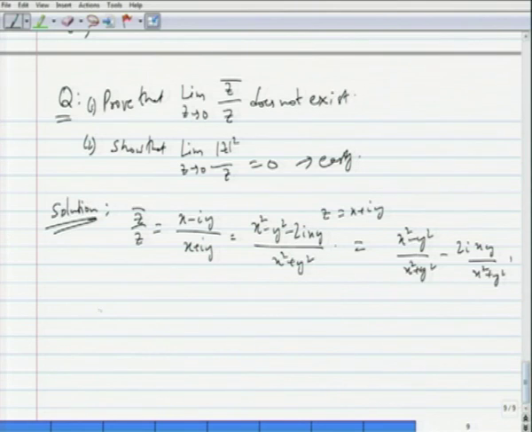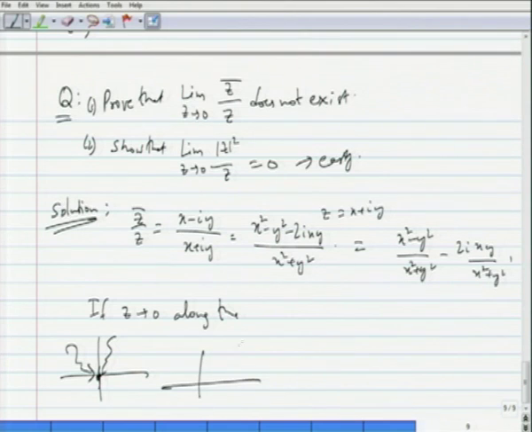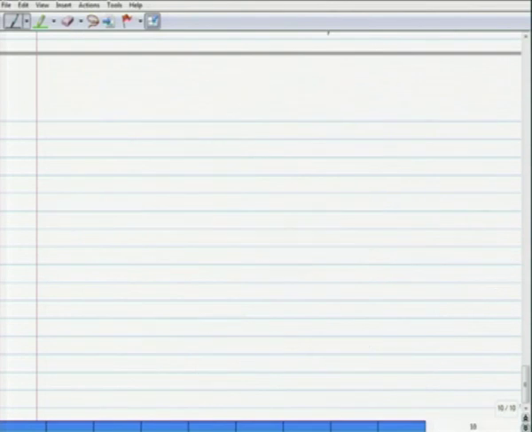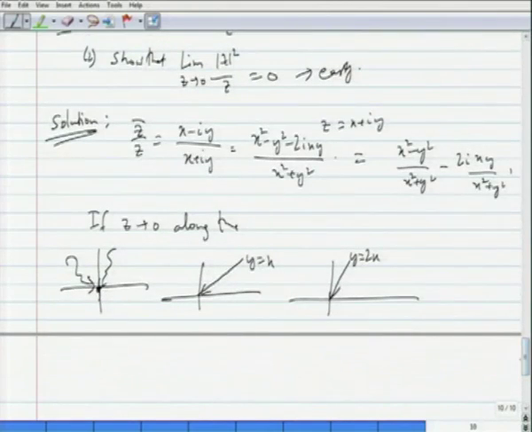So, there are various directions in which z can approach 0. z could approach 0 in any fashion that it likes. In particular it can approach 0 along the line y equals x, it can approach 0 along the line y equals 2x, for example. So, let us consider these two lines.